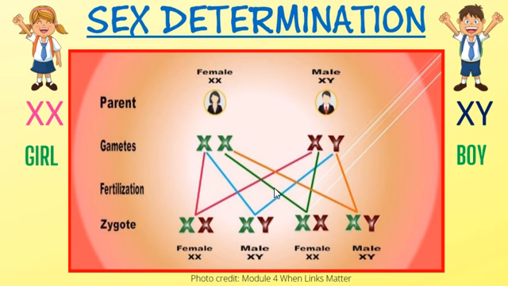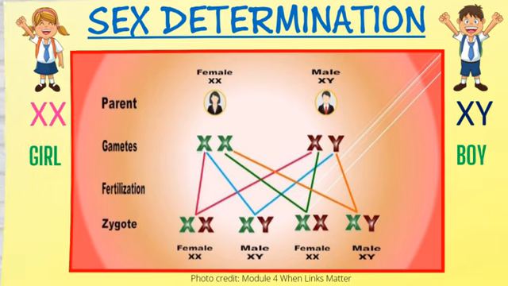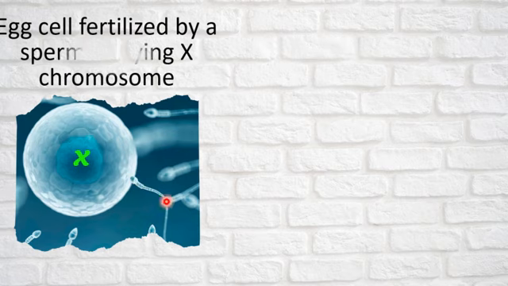And to understand this further, let us continue with the next slide to know how to determine the sex of the children. Based on the diagram that I showed you a while ago, an egg cell with an X chromosome is fertilized by a sperm carrying a Y chromosome or an X chromosome.